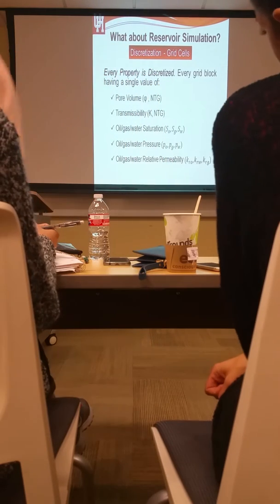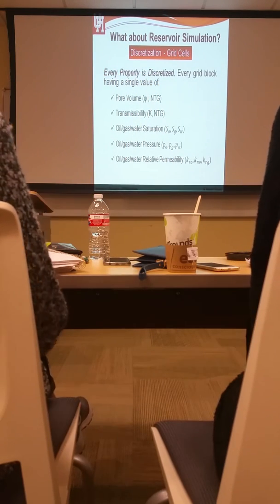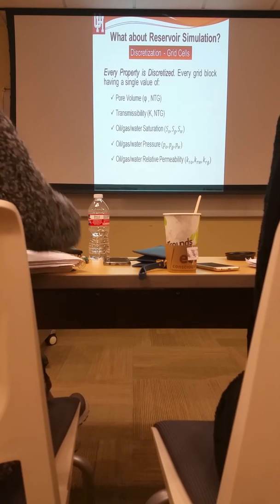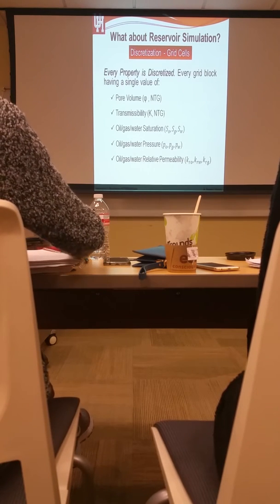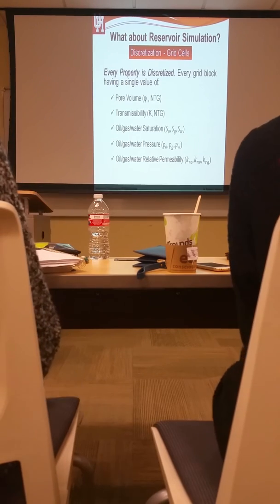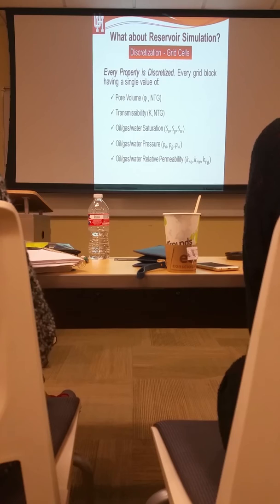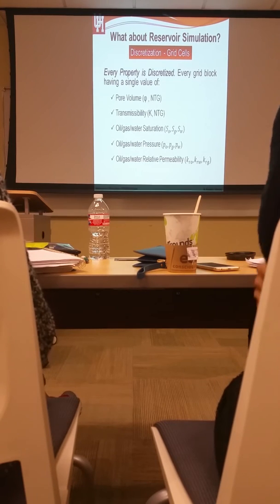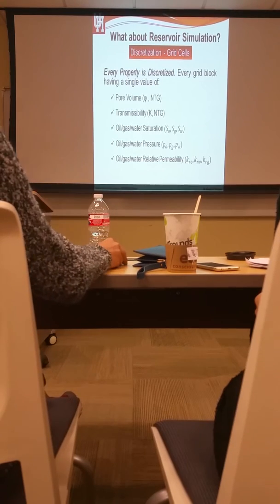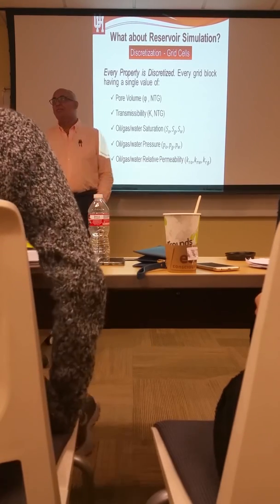If we deal with components also, we can eventually add the components to this list, all fluids, pressures, and all relative permeabilities of all fluids. It's a summary. I'm just giving a big picture about the major characteristics of reservoir simulation.